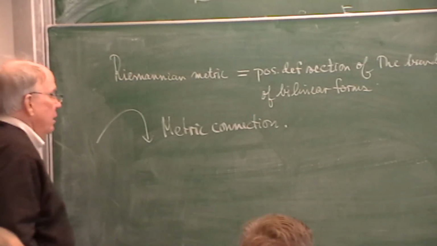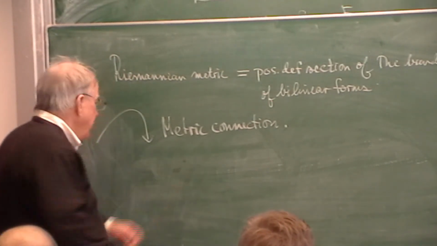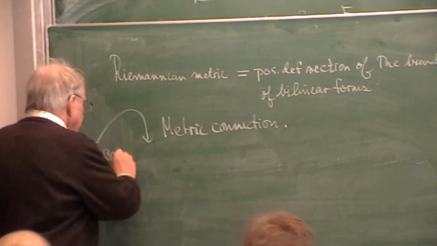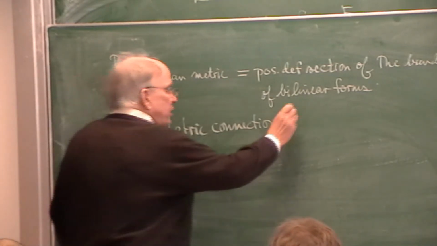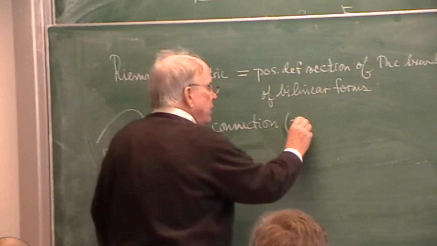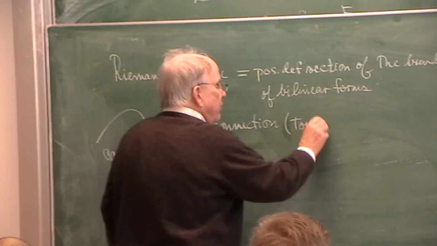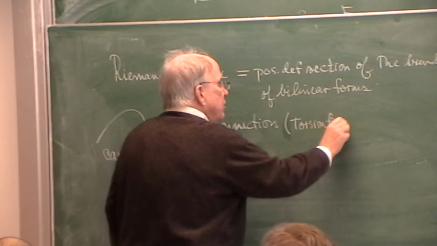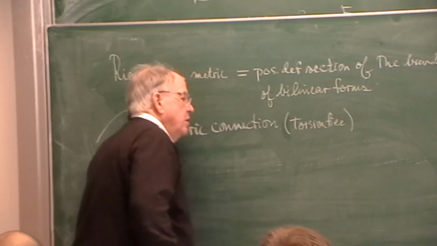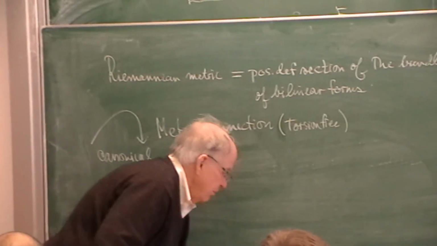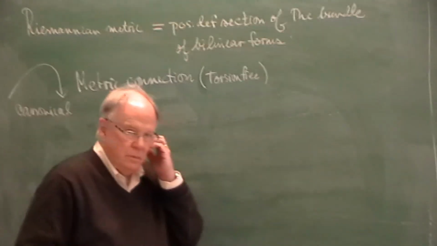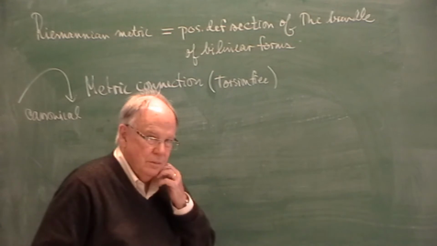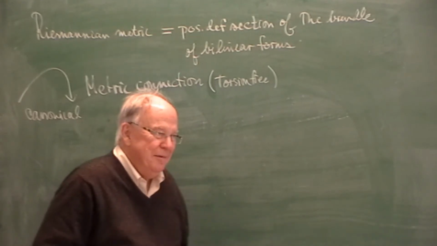Okay. And there's something associated with this in a canonical way. And this thing is what is called torsion-free. Whatever that means. In order to make it canonical, you need this thing to be torsion-free. And guess what?